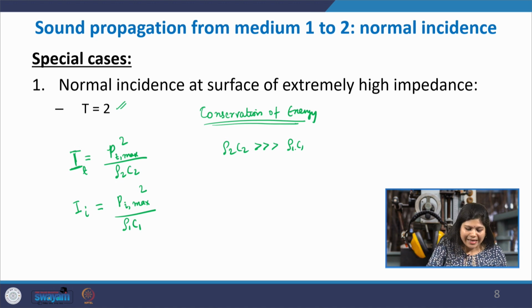Now we know that PT max has almost doubled in magnitude compared to PI max, because T is coming out to be 2, right.